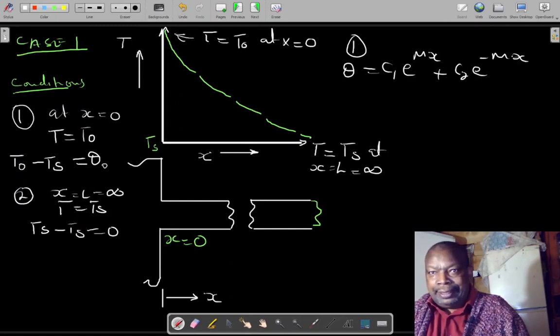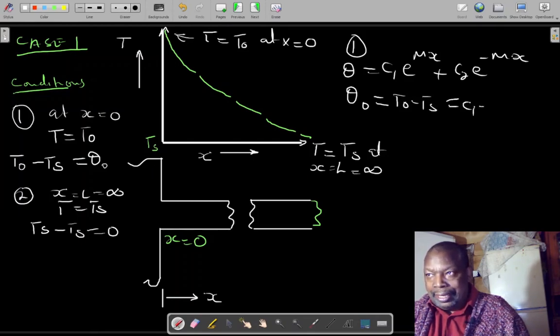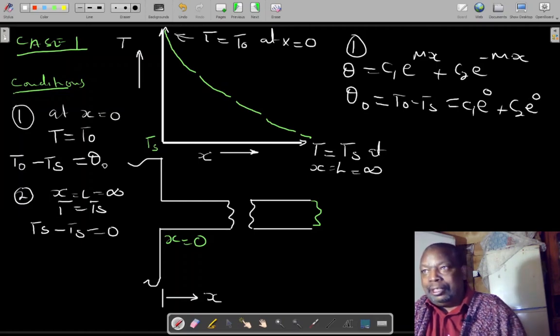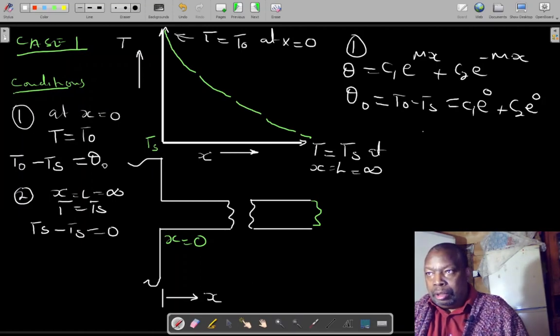So when x is equal to 0, theta is equal to theta naught, which is also equal to T naught minus Ts, which is equal to C1 e raised to the power of 0 plus C2 e raised to the power of 0. So it means that theta naught is equal to C1 plus C2.